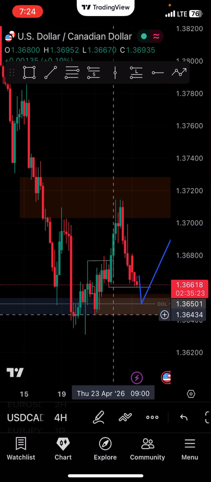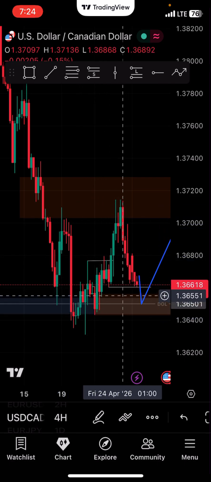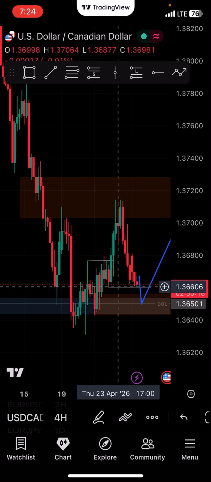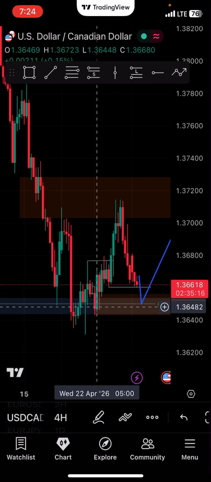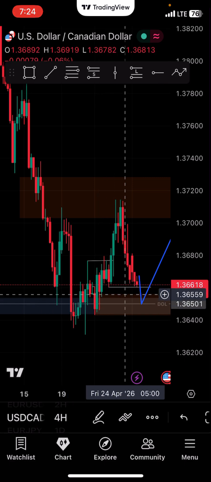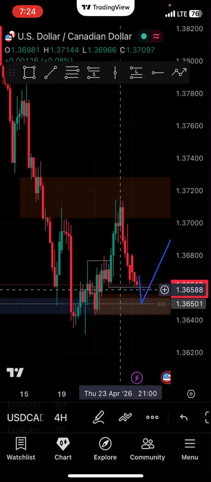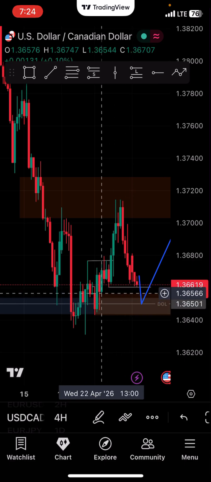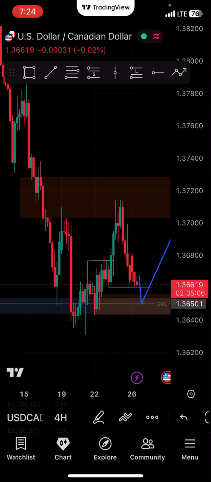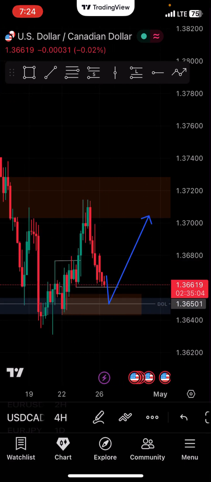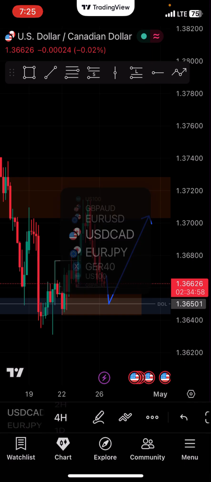Then for those who do SMC, if you're an SMC trader, this is your inducement right here, and then this is your fair value gap. So we're anticipating that market is going to come down, take out these inducements, and then run into this fair value gap before going up, right? So that's the bias. A little bit drop and then a push up. That is what we should be expecting to see this week.